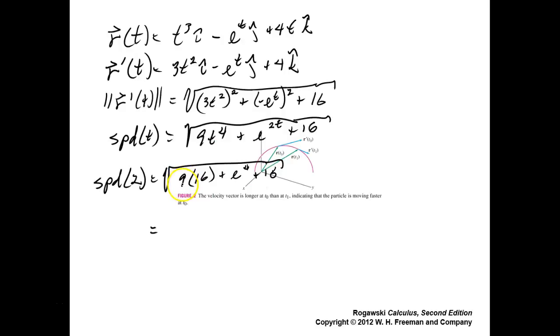That basically comes out being 10 times 16, so that'd be the square root of 160 plus e to the fourth. Unfortunately, I don't think there's much else we can do with that except pull out the calculators and give an approximate answer.